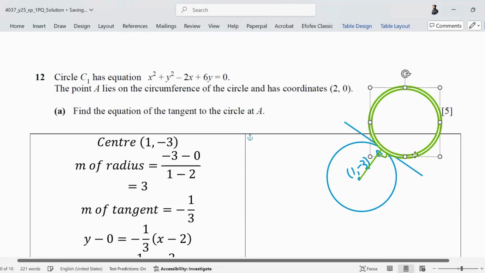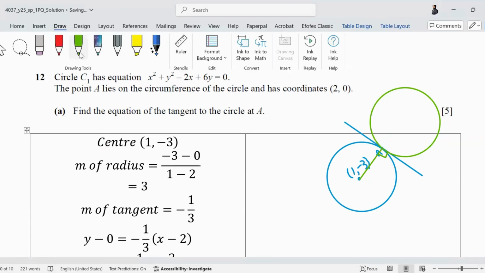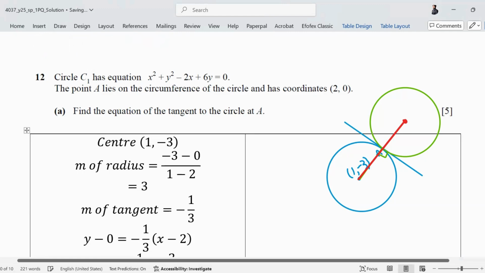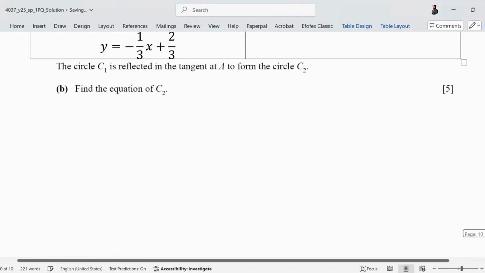That this is where that other circle will be. So if I actually wanted to find the center, I can say that A will basically be the midpoint of both the centers. I do not know the other center. So A will basically be the midpoint of both the centers.